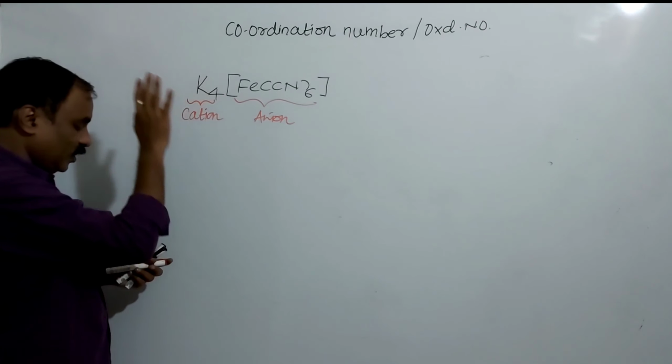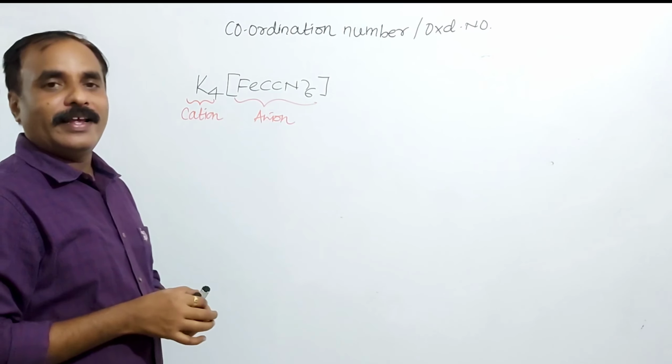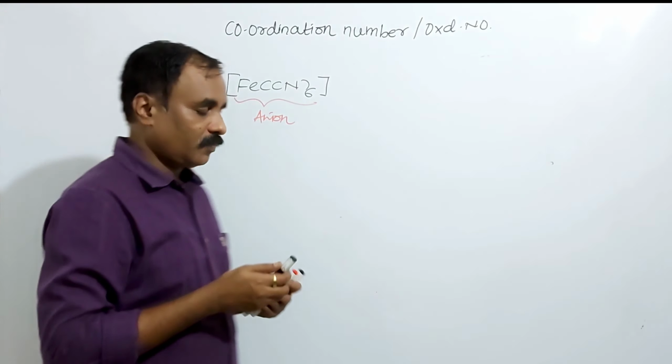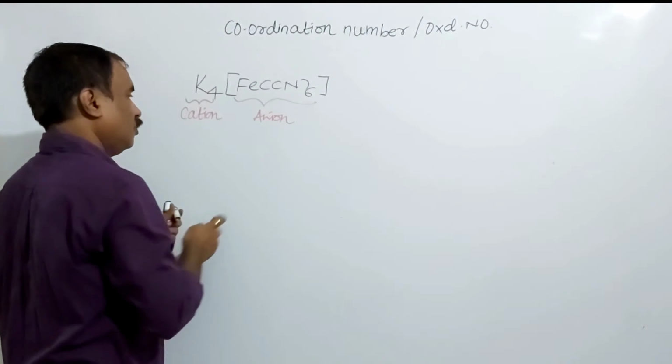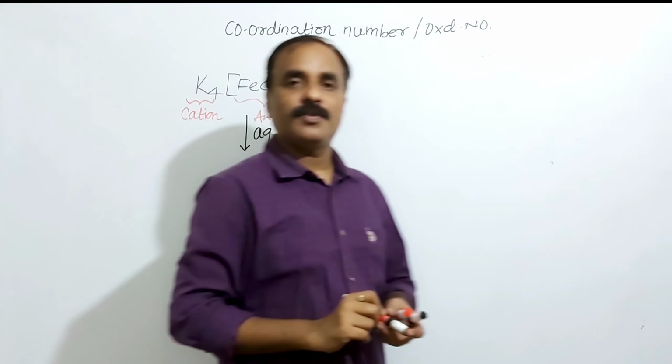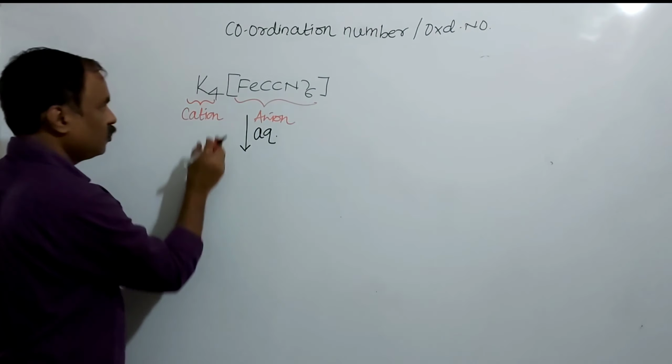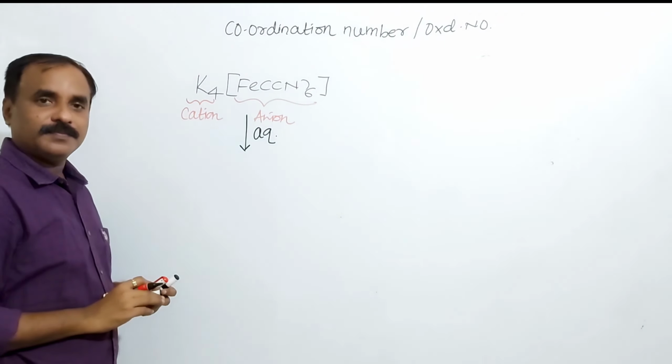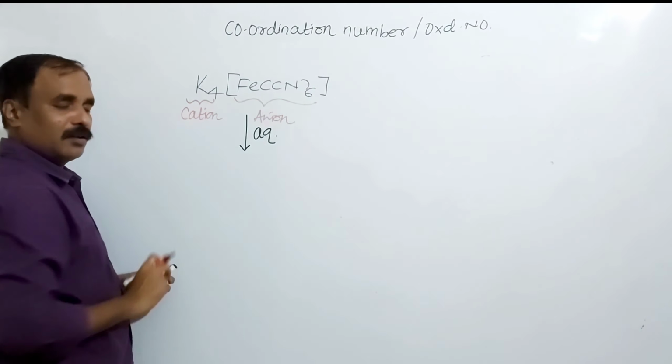When this complex compound is added to an aqueous medium, what happens? When it is dissolved in aqueous medium, separation of ions happens. This is the cation, this is the anion.